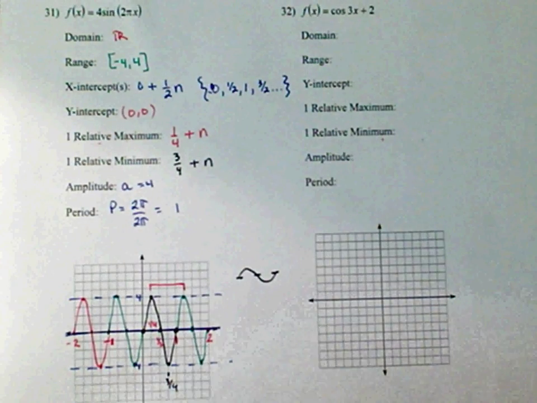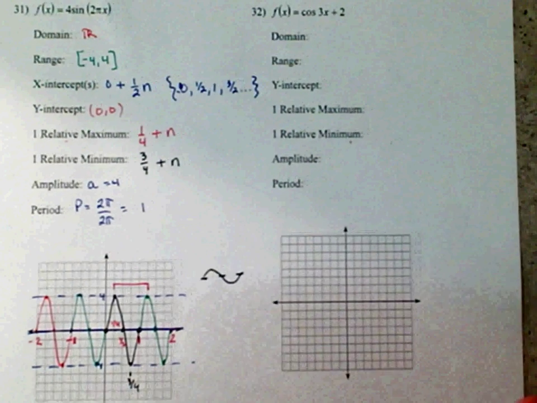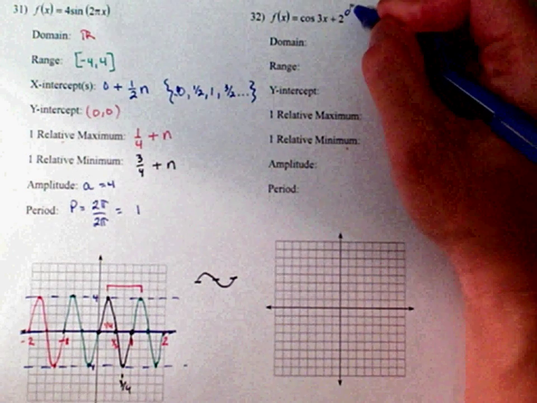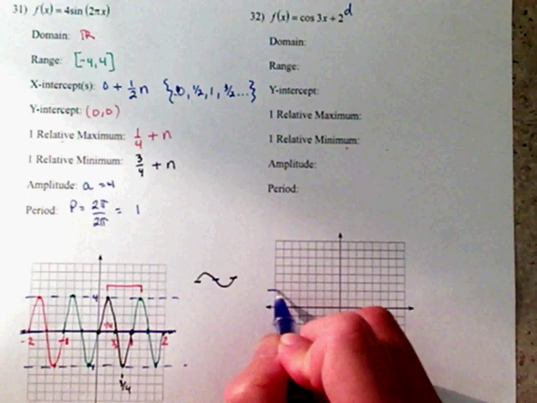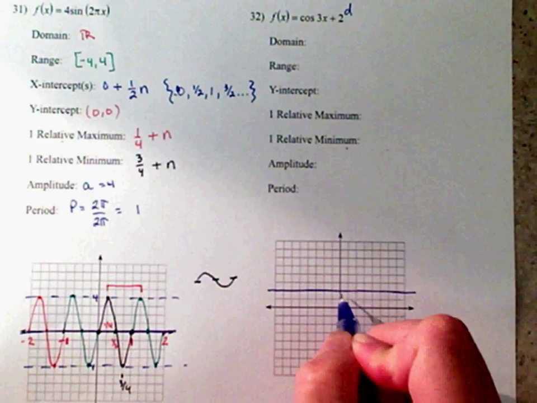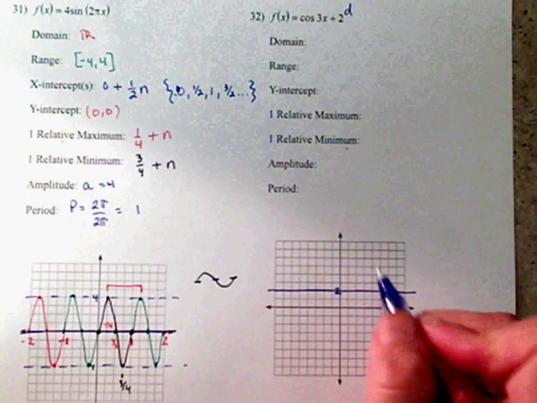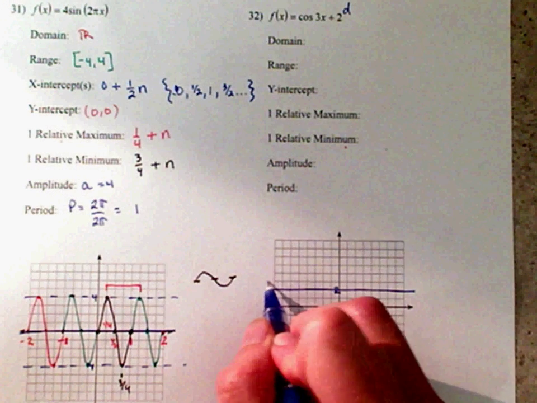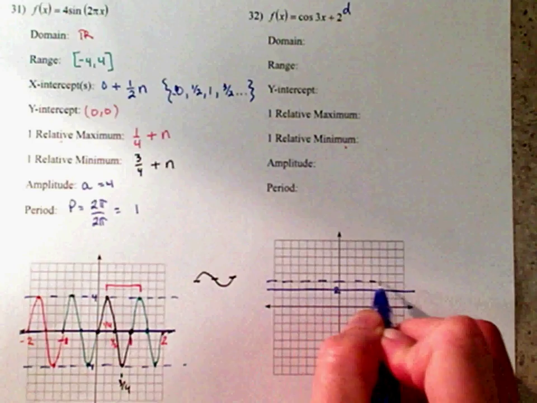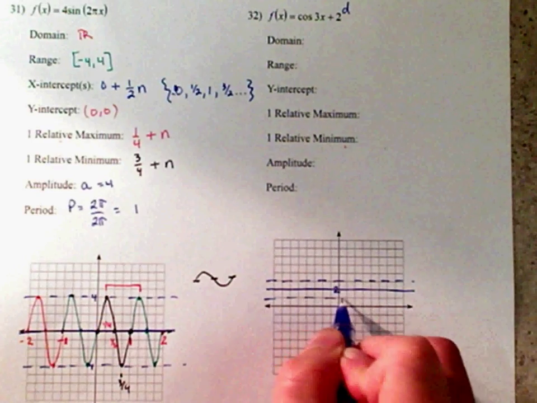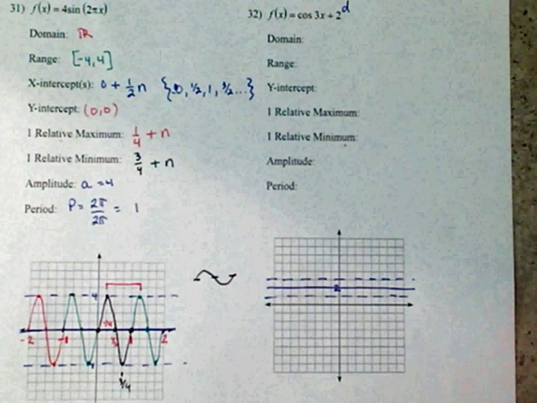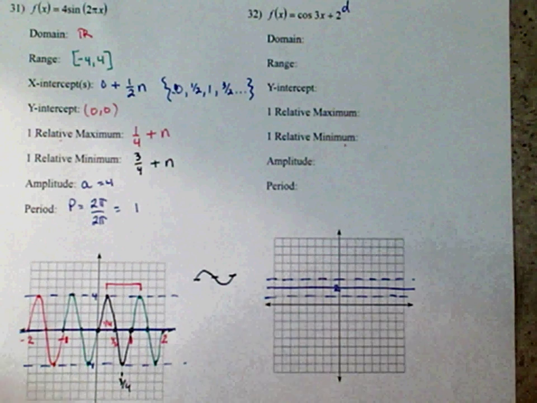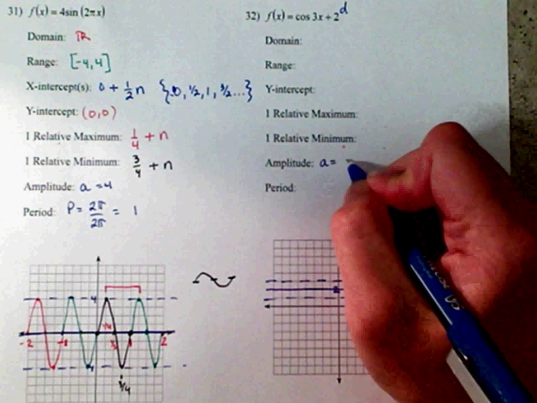Alright, 32. This one has a vertical shift, so I'm going to go up 2. So there's my 2. The amplitude is 1, so I just go up 1, and I'm going to go down 1. So our amplitude is 1, and our period.